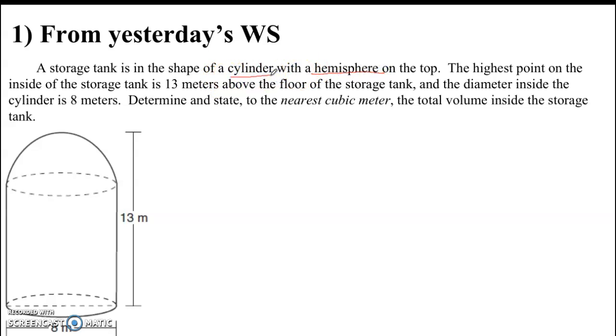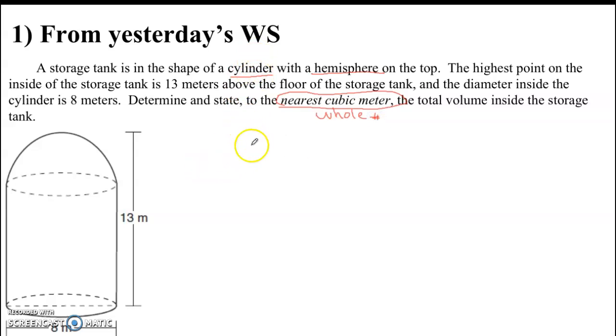The highest point inside of the storage tank is 13 meters above the floor of the storage tank, and the diameter of the cylinder is 8. Determine, to the nearest cubic meter, which is a whole number, the total volume.